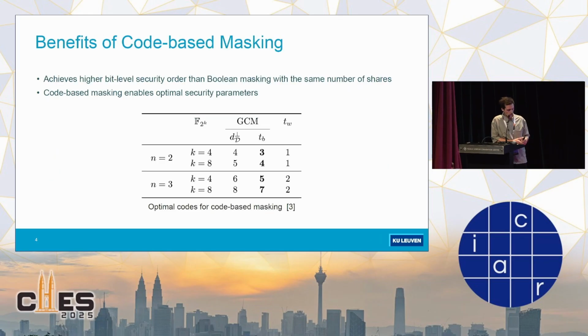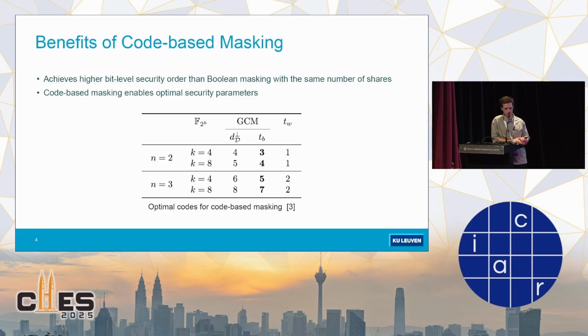Code-based masking has some nice benefits, especially for software masking. One is that it achieves higher bit level security compared to Boolean masking with the same number of shares, so we have a kind of security order amplification effect. With code-based masking, since you have more flexibility on the generator matrices G and H, you can amplify this dual distance for an optimal amplification.